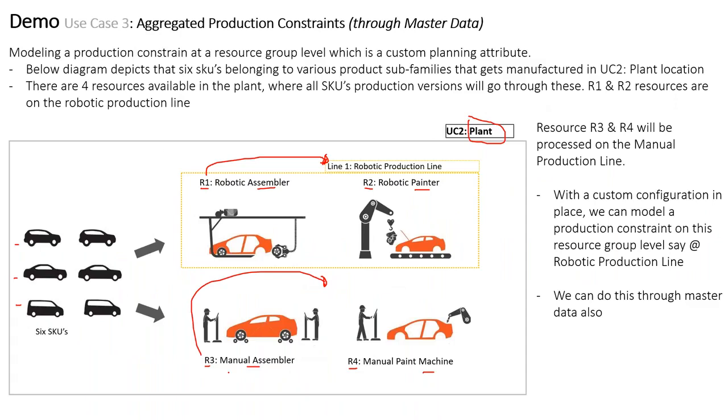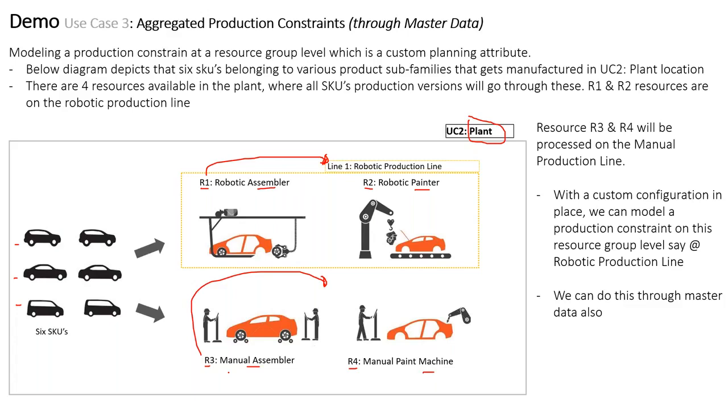So what are we doing here? We are prioritizing our resource groups, and we are telling the system to produce more from my resource group 1, that is my robotic resource group, using these aggregated key figures. Is resource group a standard one? No, it's custom made. It's just an attribute that we have created, kind of a Z field, and we map it to our resource master data, and then we use it in our aggregated key figure planning.